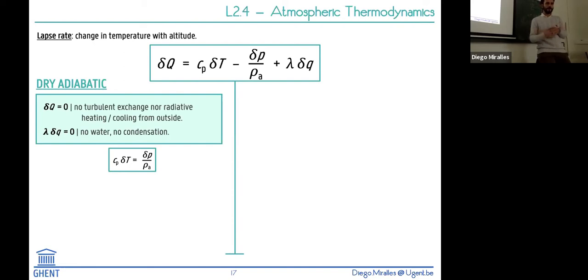So how is this actually working in nature? Let's think of, for instance, you have your air here next to the ground. It warms up and it moistens through the surface, okay? That's diabatic still. So this is not zero at that stage. Okay, now we have moistened and warmed up the air. So what happens? If you increase the temperature of the air, we saw before that the density is decreasing.